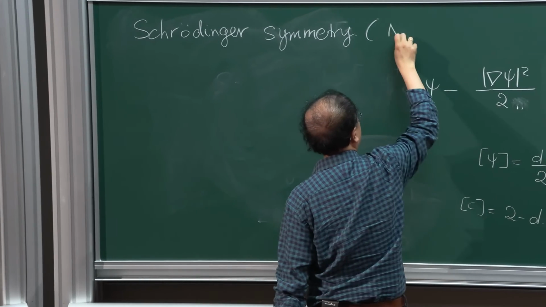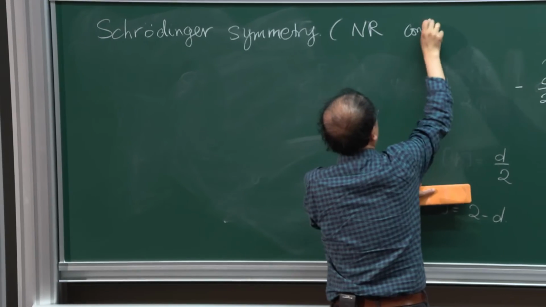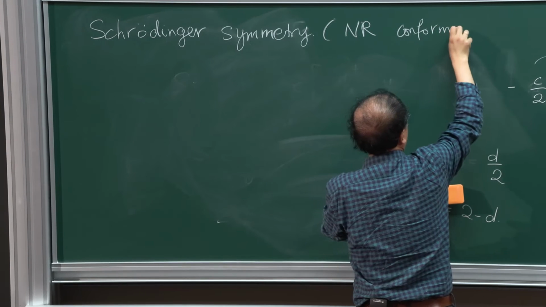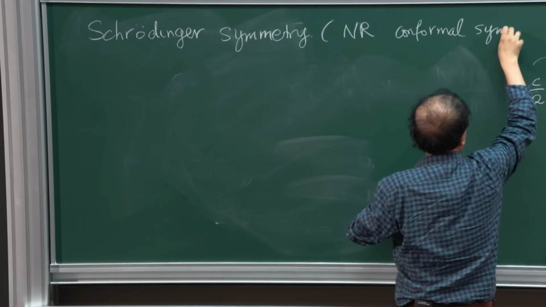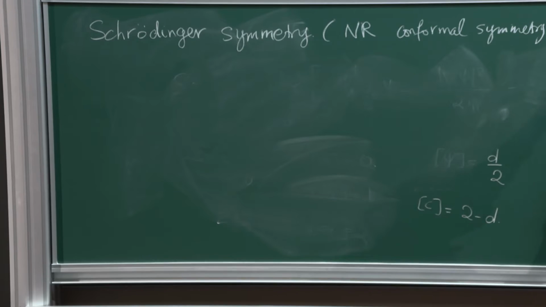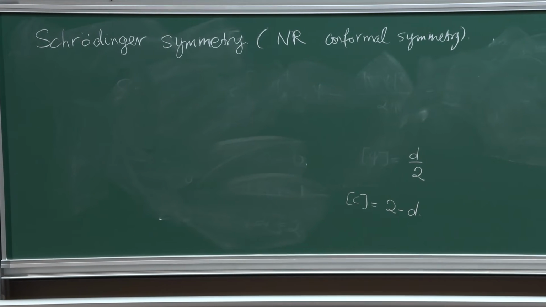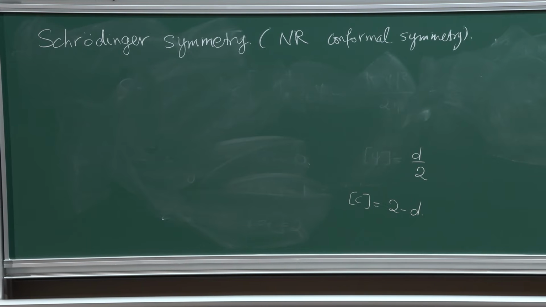That can be thought of as a non-relativistic version of conformal symmetry. And the reason it's called Schrödinger symmetry is that it is the symmetry of the free Schrödinger equation.